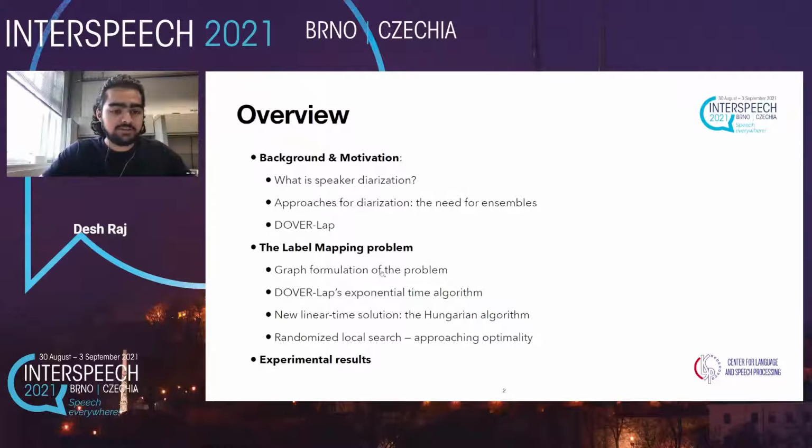We'll formulate it as a graph, and we'll show that the original DOVER algorithm was exponential, so it's not good. We'll then show a new solution, which is based on the Hungarian algorithm and which is linear time. Finally, we'll round up with a randomized local search algorithm, which approaches near optimality. And finally, I'll show some experimental results.